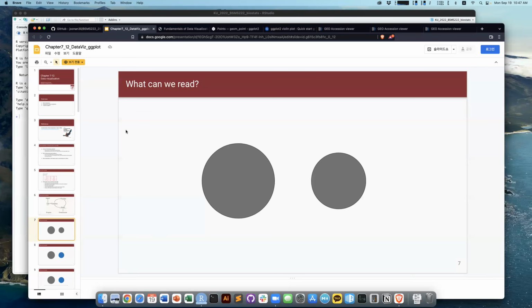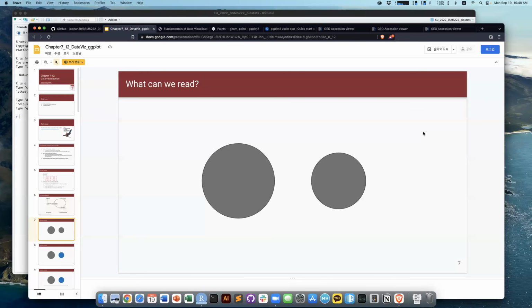There are two circles, and what we can find from here is that these two circles are different sizes, right? So at least you can find two things from this shape. First, there are two data points.